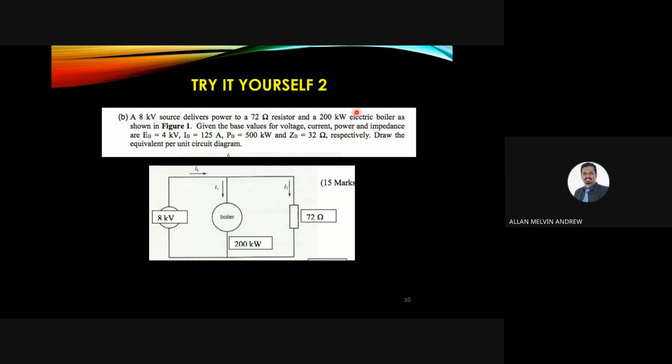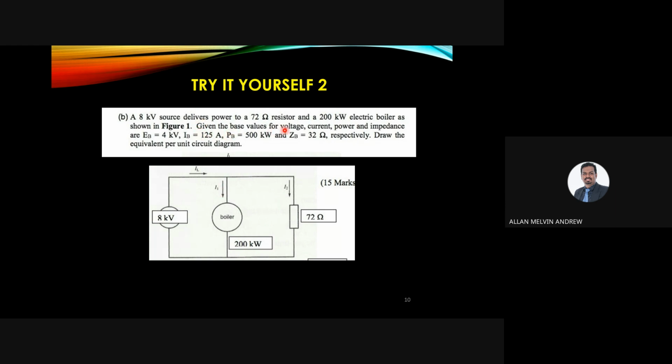Here we are using an electric boiler as the load. The source is 8 kilovolt, the resistor is 72 ohm, and the boiler is 200 kilowatt.